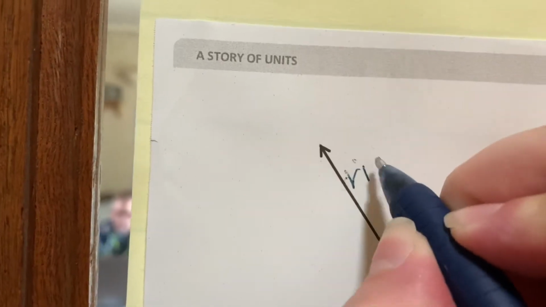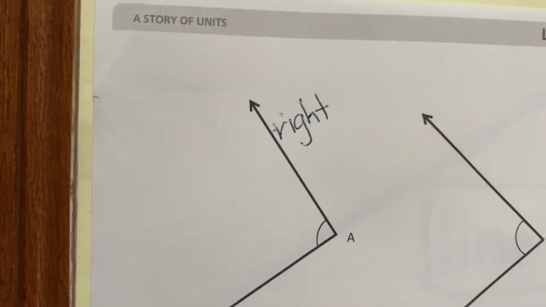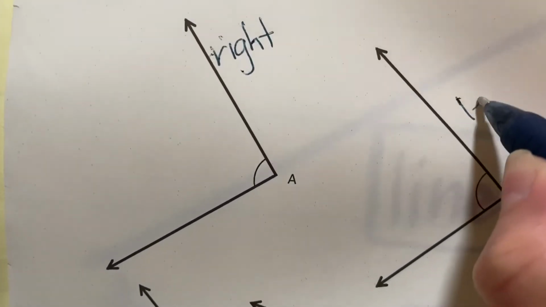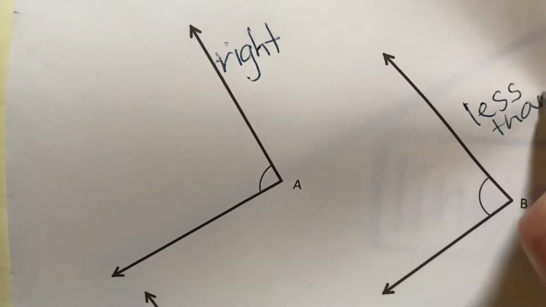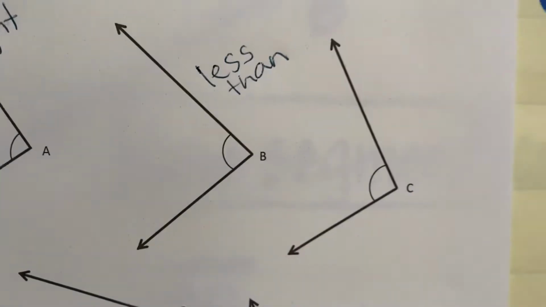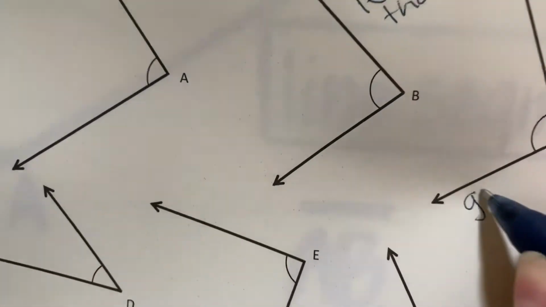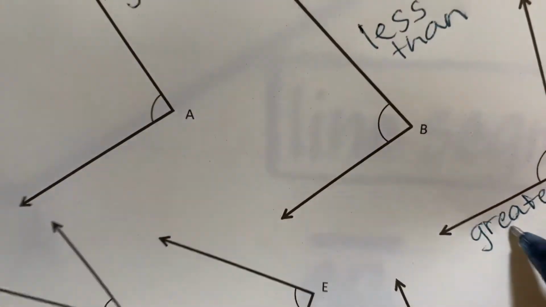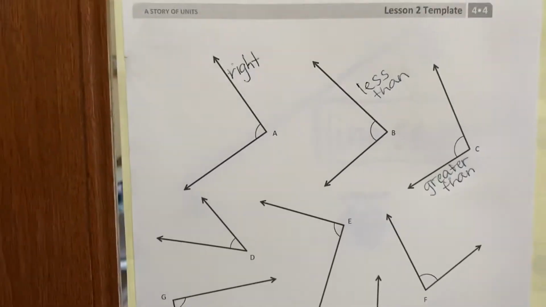So we know that this one is a right angle. We know that B was less than, and we know that C was just a little bit outside, so we'll say greater than. Okay, that's the first three.